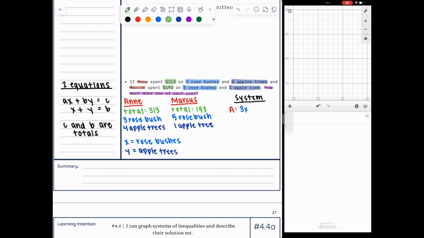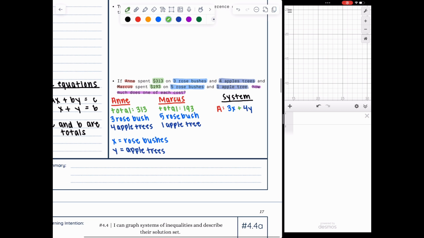So that's 3 times X, because every X is a rose bush. She bought 4 apple trees. So that's going to be 4 multiplied by Y, which is the variable I chose for apple trees. Then I know that after adding those 2 numbers together, she spent $313. We're not going to worry about tax right now, so don't worry about that.